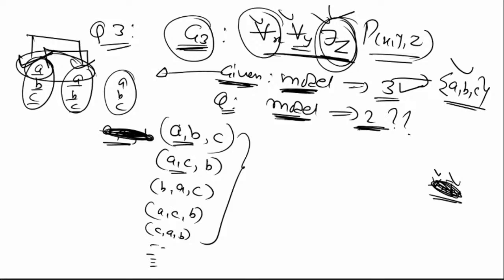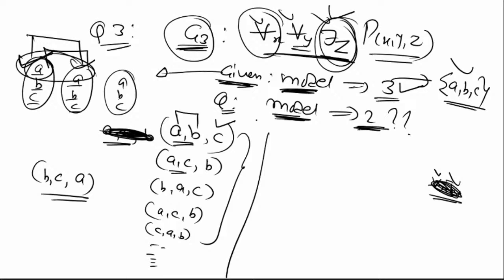For this pair A comma B, I am giving C. For this pair B comma A, I am giving C. For this pair A comma C, I am giving B. Also for this pair B comma C, I am giving A. After doing this, the given condition is satisfied.